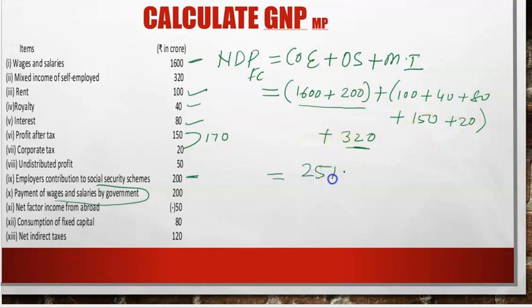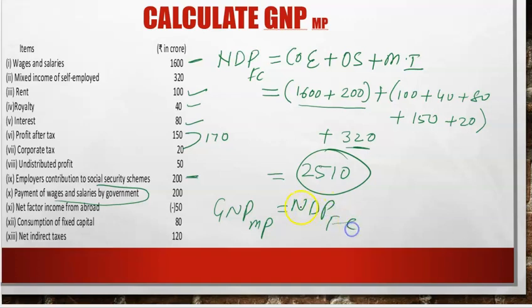So your NDPfc is 2510, and one more step we have to do is converting this into GNPMP. So यहाँ पे आपकी conversion काम आएगी NDPfc to GNPMP. Net to gross plus depreciation, domestic to national plus NFIA, and factor cost to market prices plus NIT.